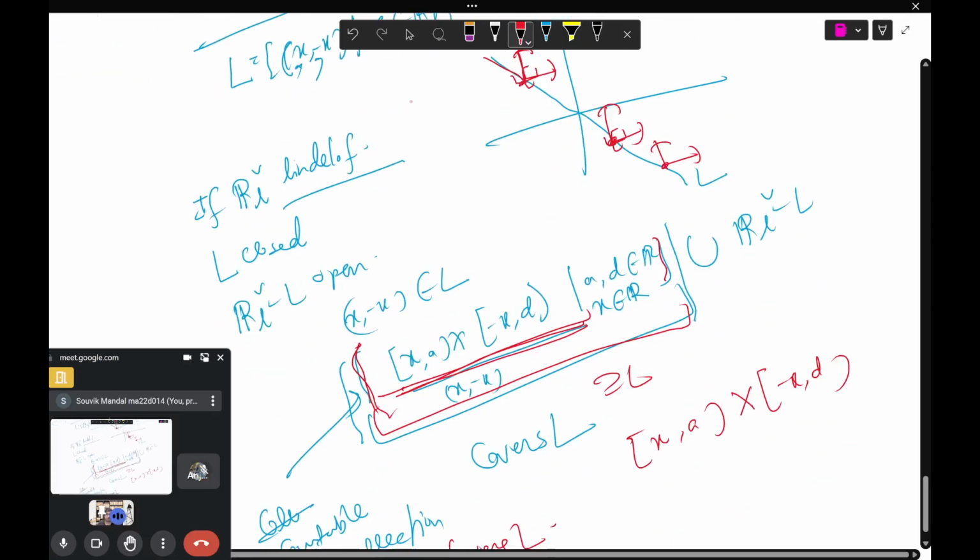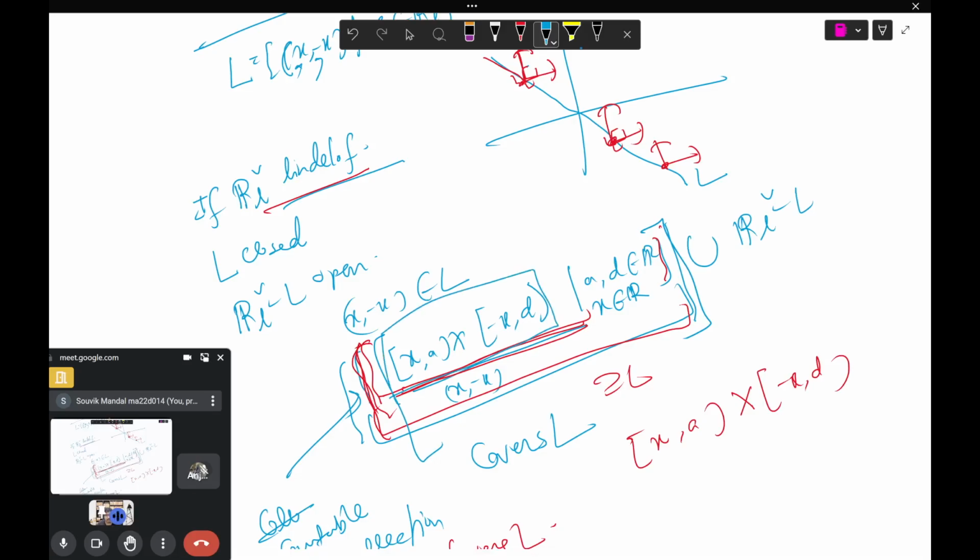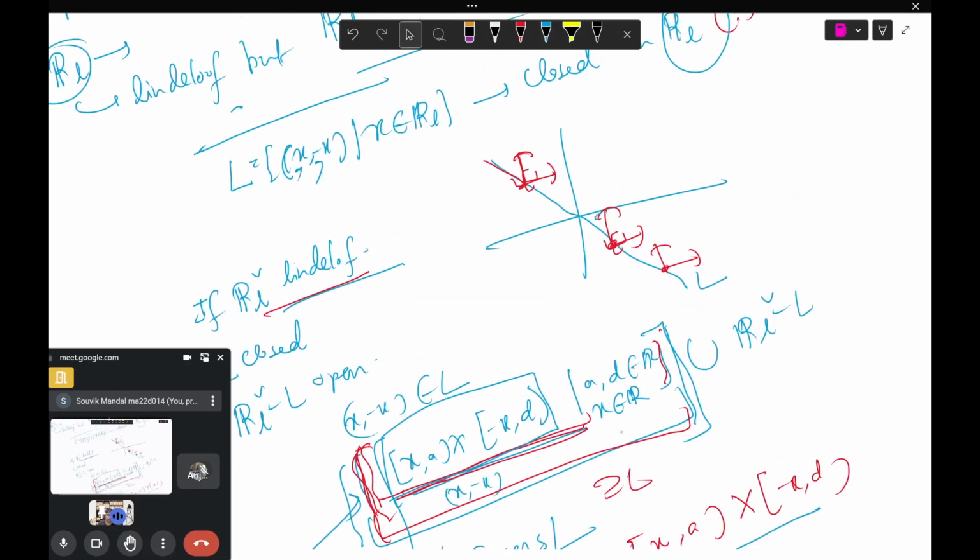So if RL2 is Lindelof, then this open cover has a countable subcover. Only this portion contains the line L, so there would be a countable subcollection containing L. Each of these open sets, x comma a cross x comma minus d, intersects the line L at exactly one point, right?